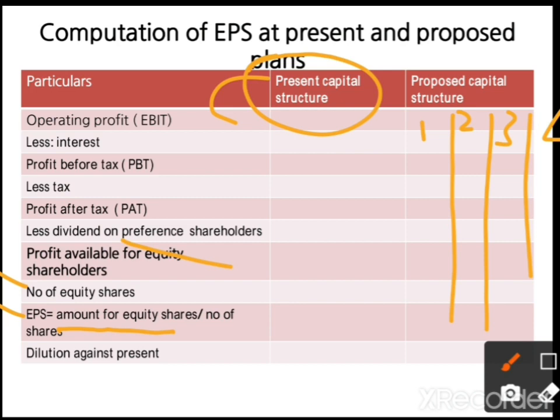In the present plan, they have already given equity shares, and whatever is given we have to take. In the proposed plan, for example, each plan may consist of equity shares, preference shares and debentures. So from each plan we have to take only equity shares. How are we going to take it? Old equity plus new equity.